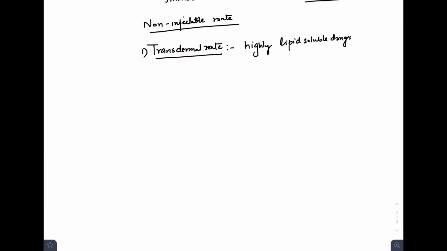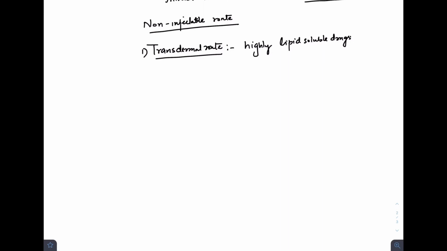So this concept of the transdermal route has been used in the transdermal patch. You have come across transdermal patches in the market. For example, we have transdermal patches of nitroglycerin, nicotine, and hyoscine.